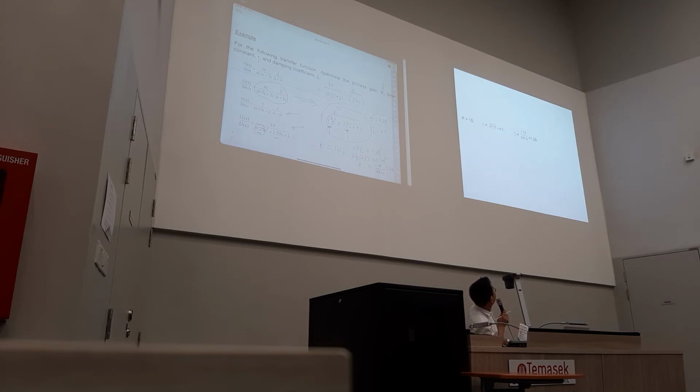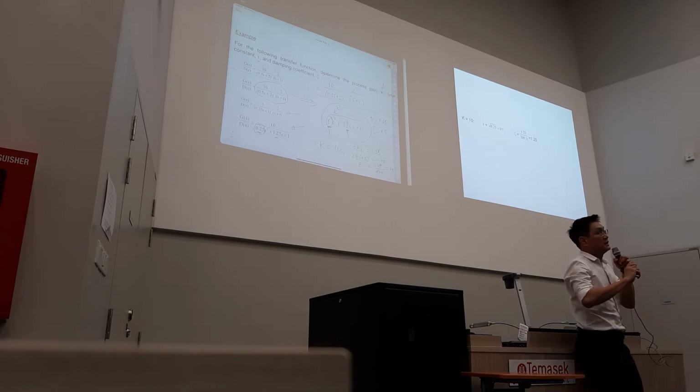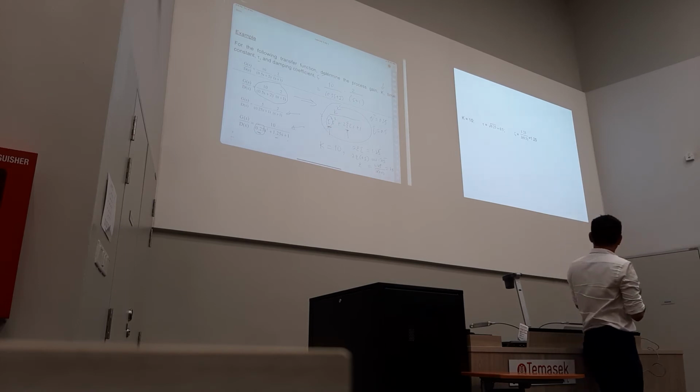The answer: k is 10, tau is 0.5, and zeta is 1.25. Alright, any questions so far? I think it's quite straightforward. For second order, we will not try many more complicated ones. You mostly need to convert your function into that format and find these 3 values.